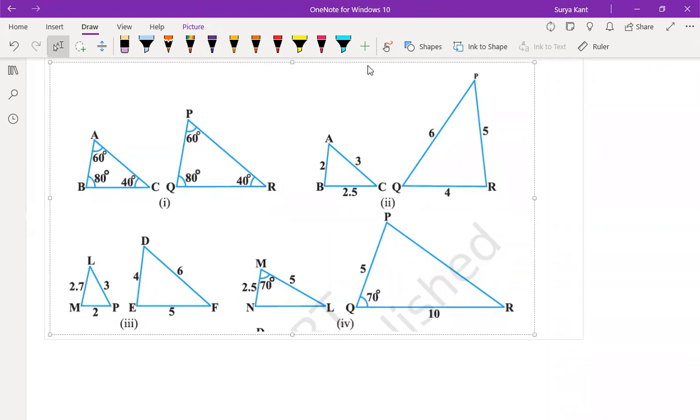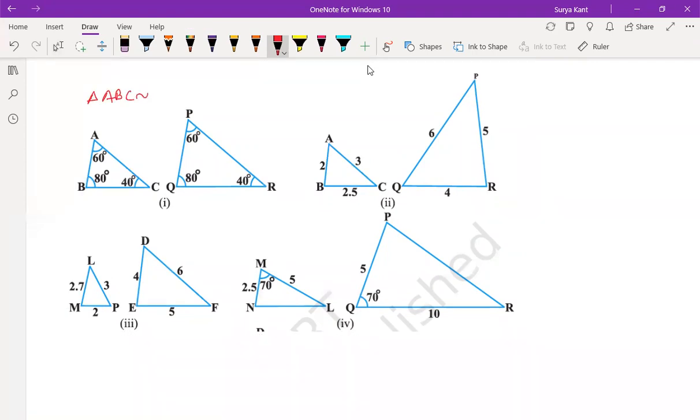First one is similar. By which criteria? AAA. Okay. So triangle ABC is similar to triangle PQR by AA similarity. Okay, next question.